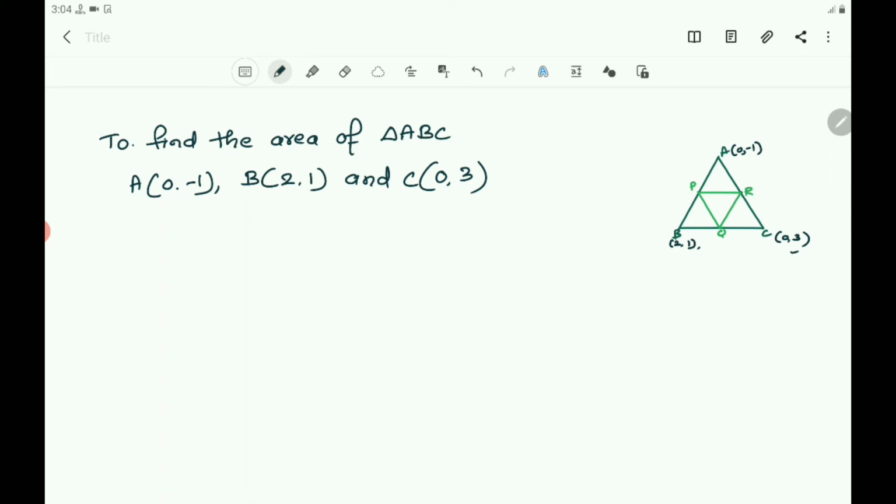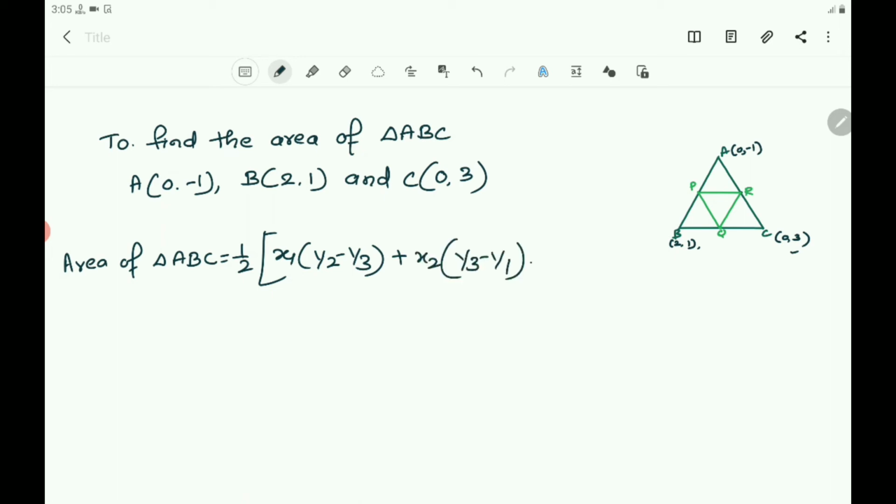Now you write the formula for the area of the triangle, that is area of triangle ABC equals half into x1 into y2 minus y3 plus x2 into y3 minus y1 plus x3 into y1 minus y2.